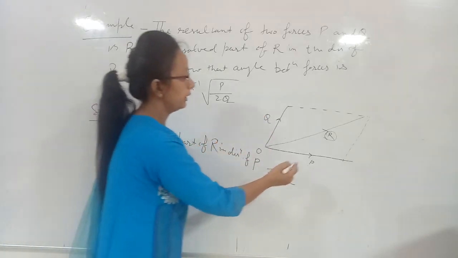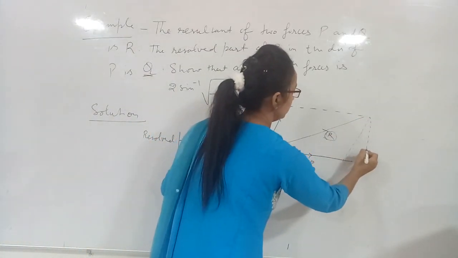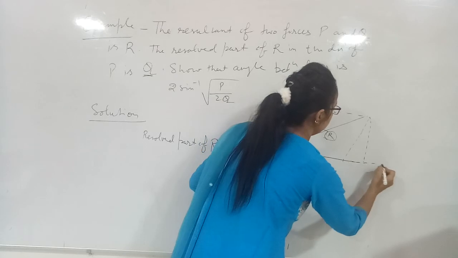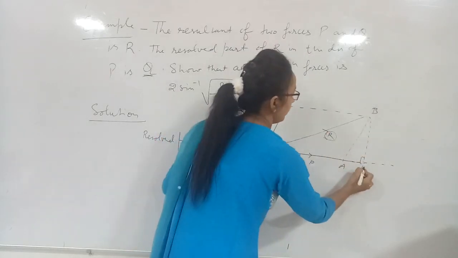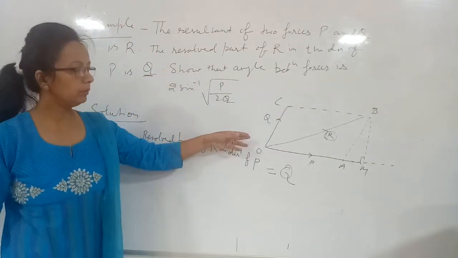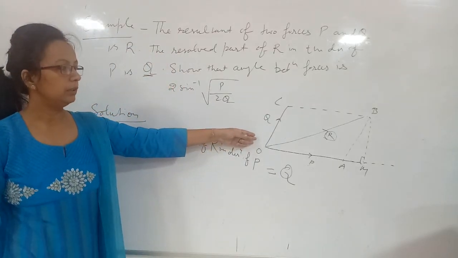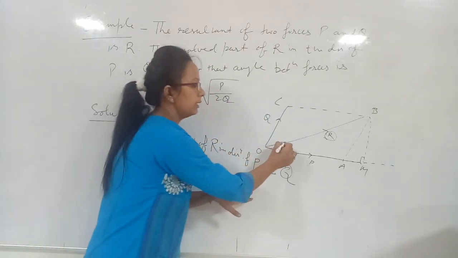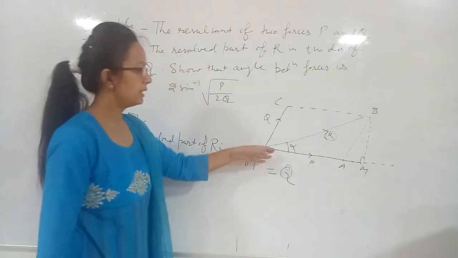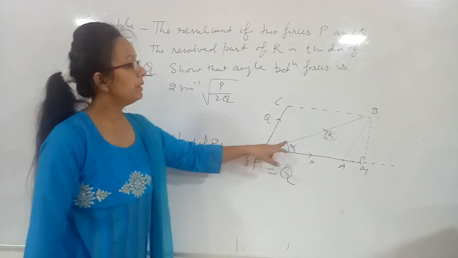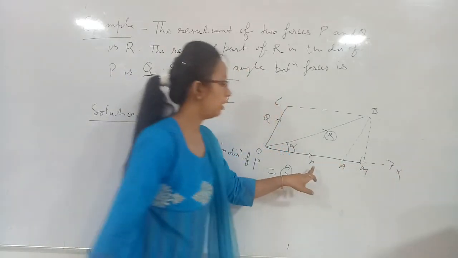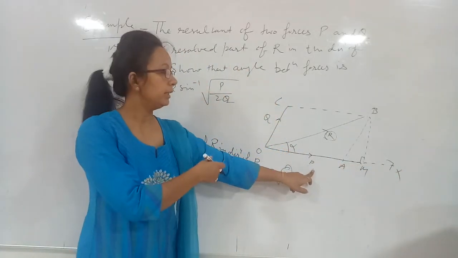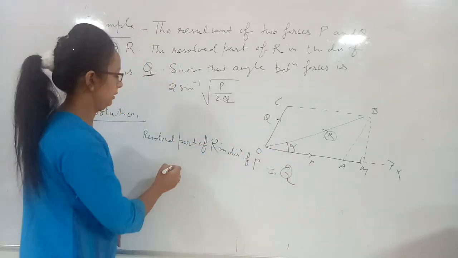For that, let us do this construction work. We will draw a perpendicular here: O, A, B, C and perpendicular BM. Now from this figure, you can see if this angle is alpha, then what will be the resolved part of R along the x-axis, meaning along OP? We just studied this: the resolved part will be R cos alpha.